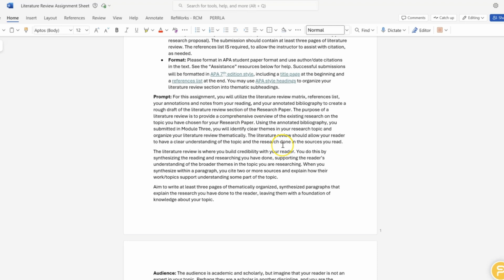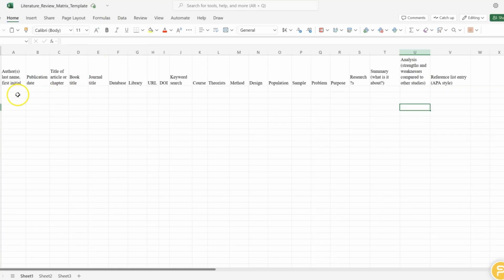First, you want to use the literature review matrix. And we do have links for that available, and I have an example of it right here. You don't necessarily have to fill out every single part of the literature review matrix. Some things might not apply, like maybe you can't identify which theoretical frameworks have influenced this research. That's okay.